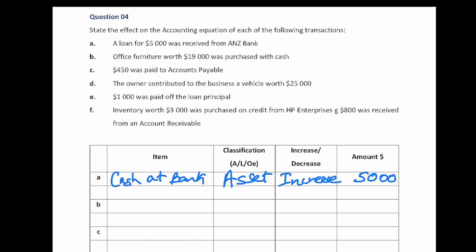Then what is the other item? Cash at bank increase. Any other item affected? Which liability? Which non-current? GST payable? Is there GST involved?